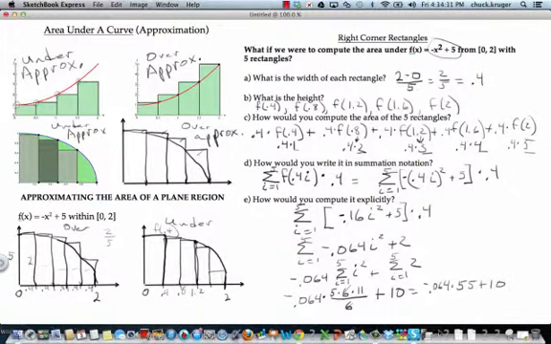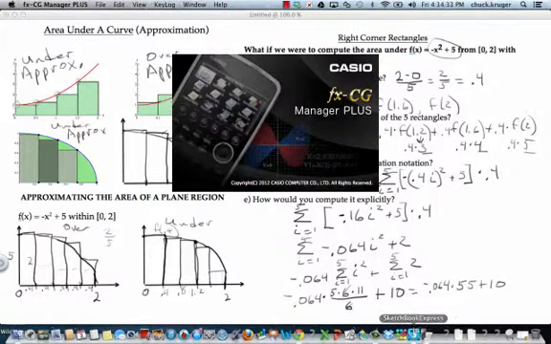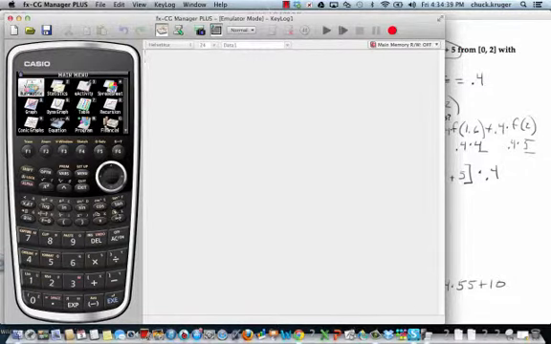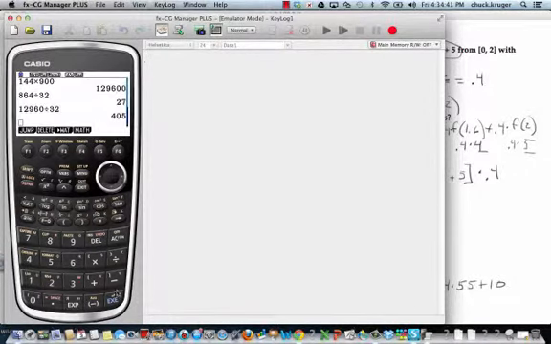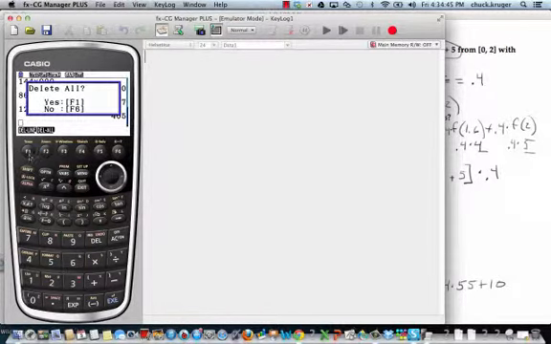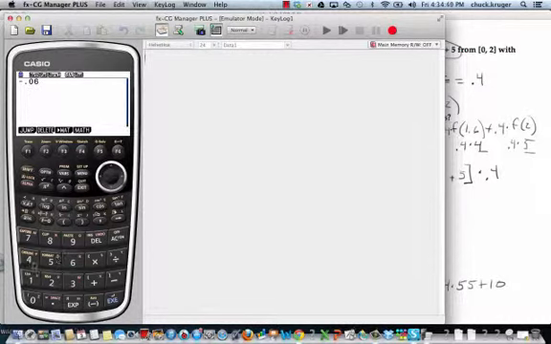Well, I'll go to my calculator and figure out what that is. Negative 0.064 times 55 plus 10.